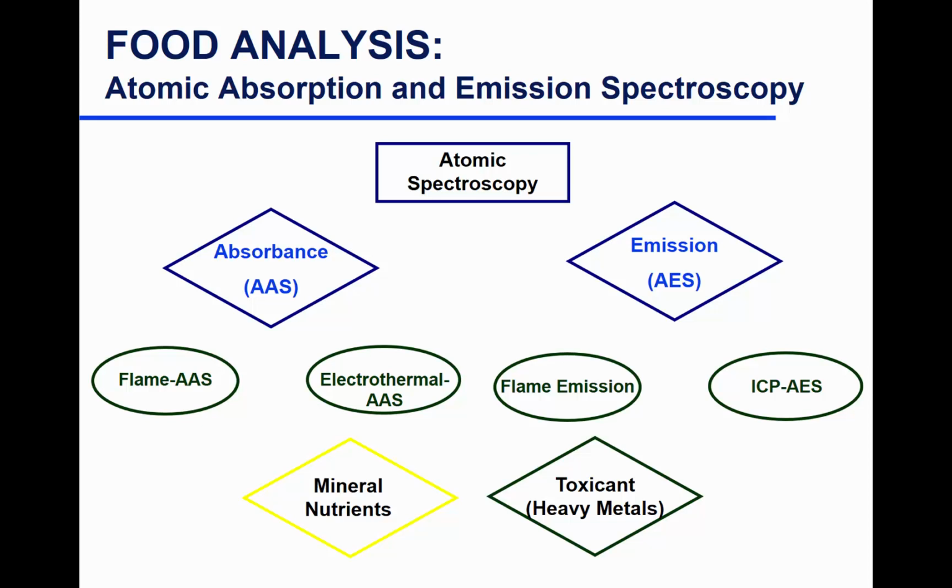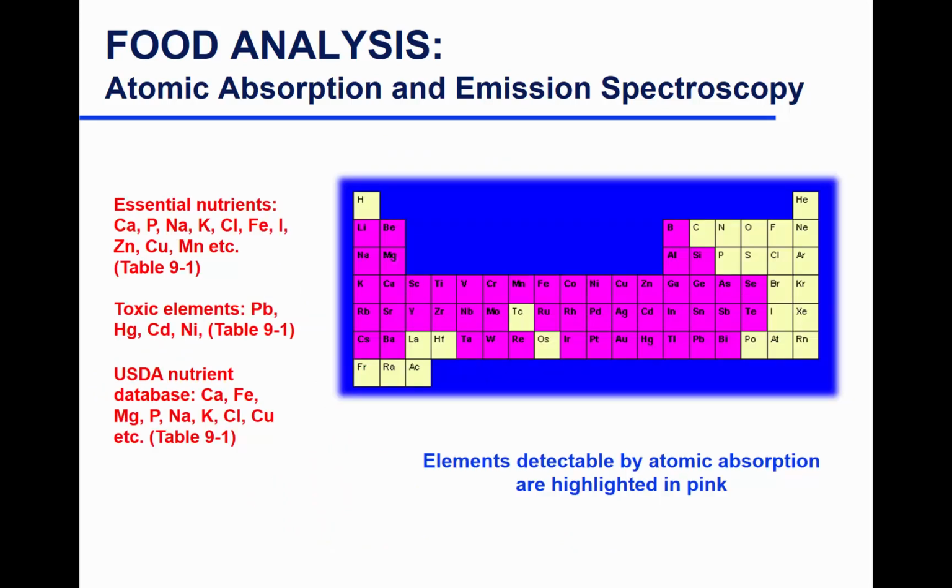And then also the toxicants that you don't want to have, heavy metals like lead and mercury and nickel and cadmium, arsenic. These are all toxicants that you want to measure and make sure they're present below the action level. That means unacceptable level.